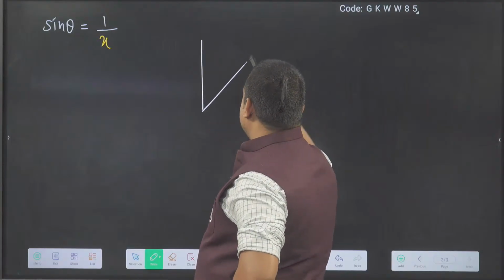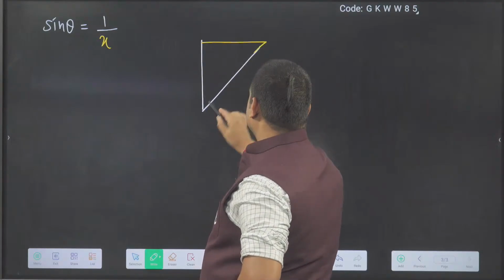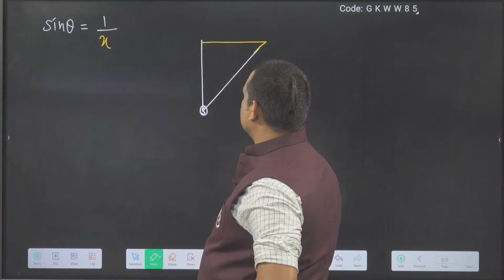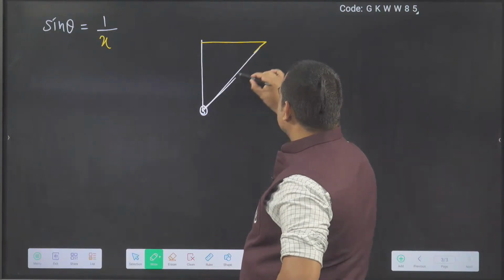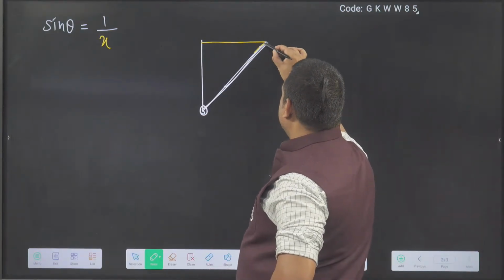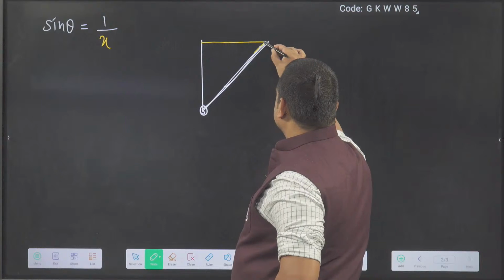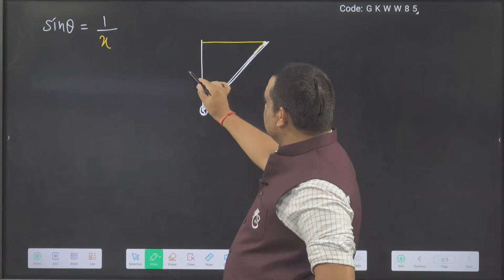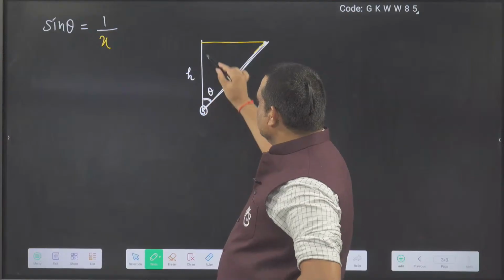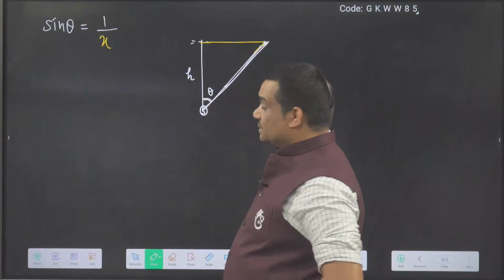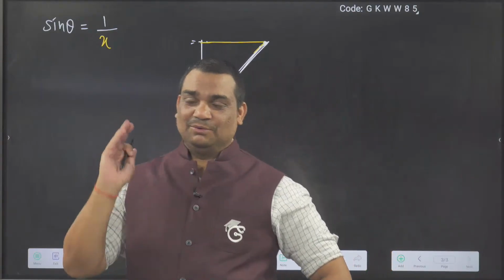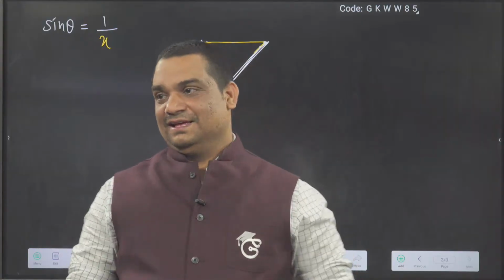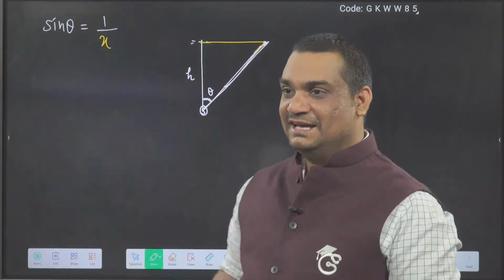in this triangle actually. This will be some source of light, a ray going like this, and in this one this angle is theta, this is your h, at the depth h. Can you see what I'm discussing here?